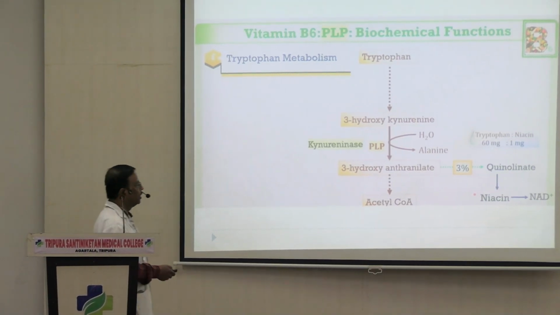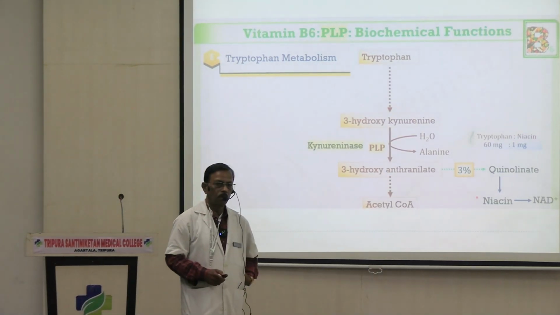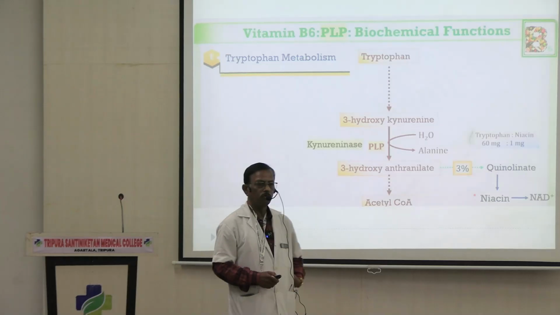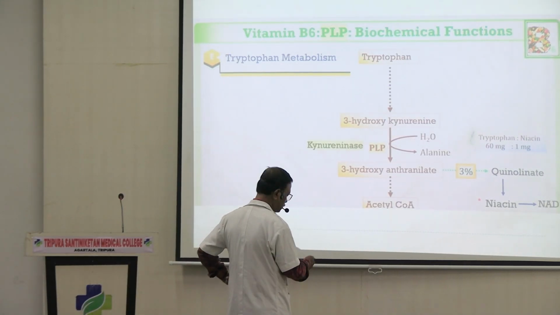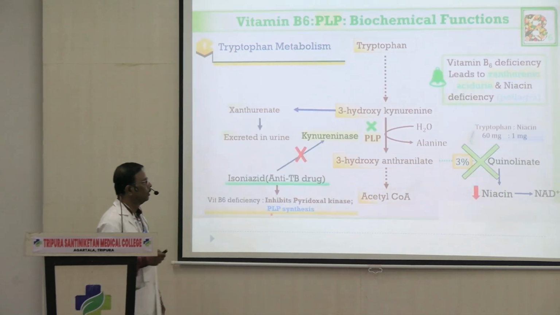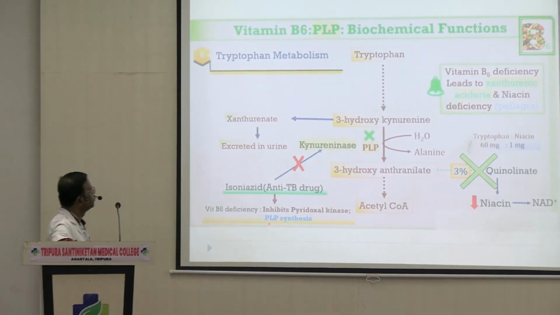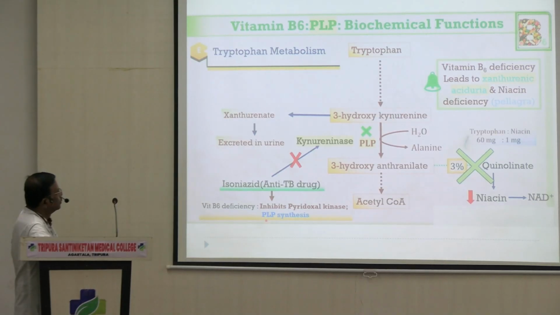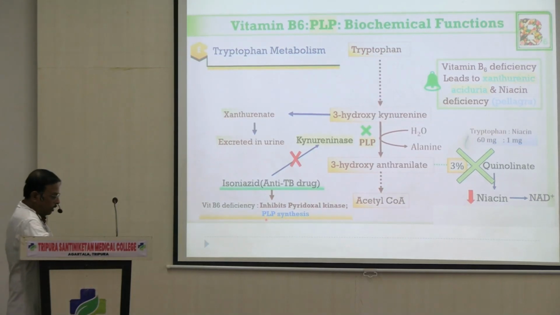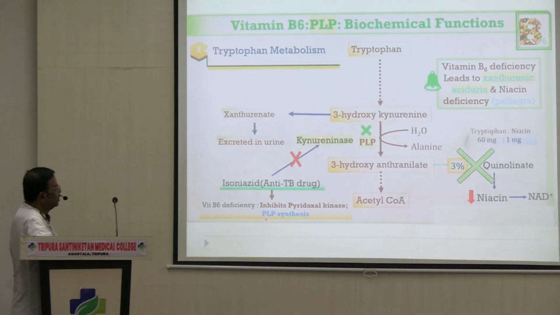As I told in the last class, 60 milligrams of tryptophan is required for synthesis of 1 milligram of niacin. Here, so deficiency of kynureninase is there.